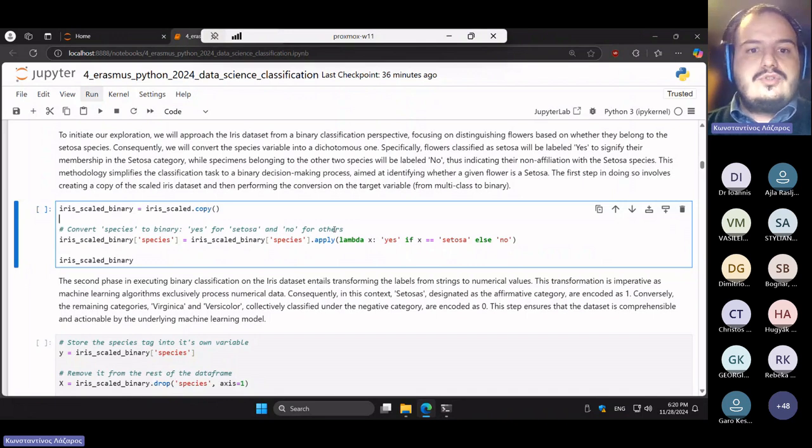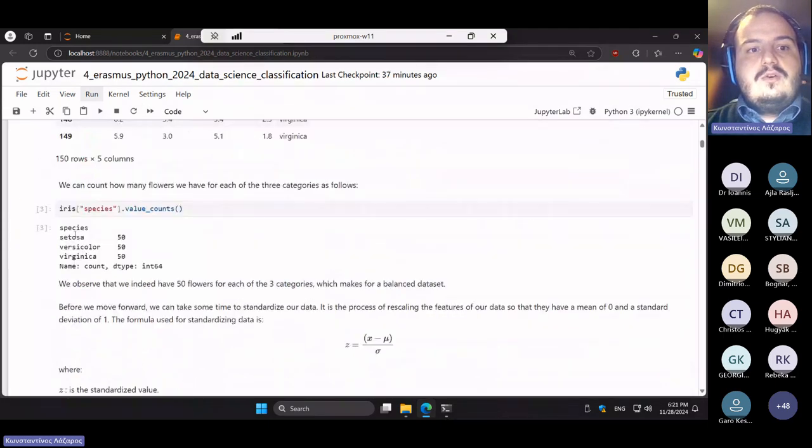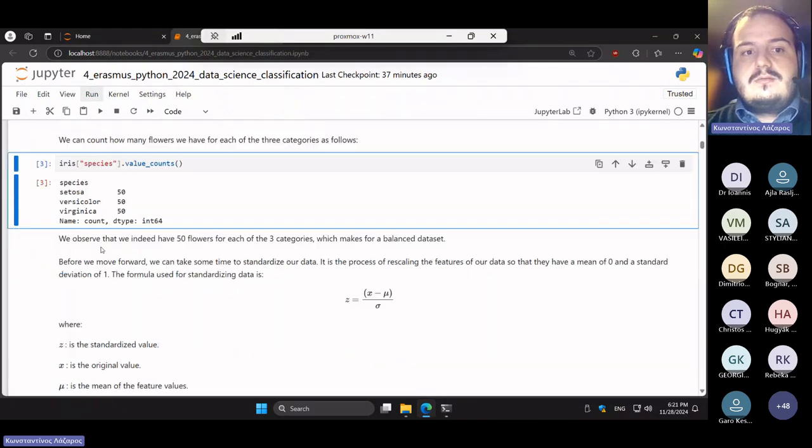So in order to do this, we will have to somehow simplify our target variable, right? As you can see from up here, we have three categories, three different classes, and somehow we need to create two classes out of these, right?